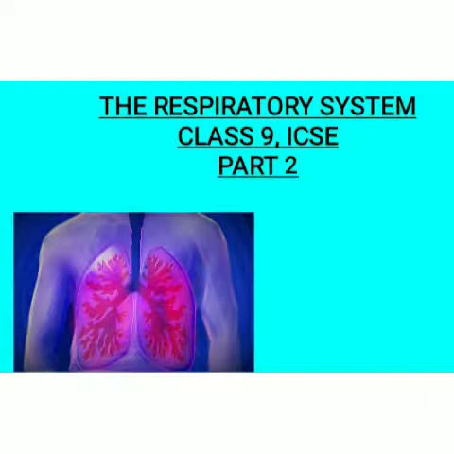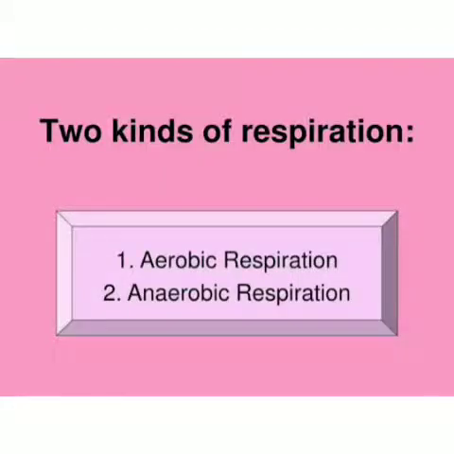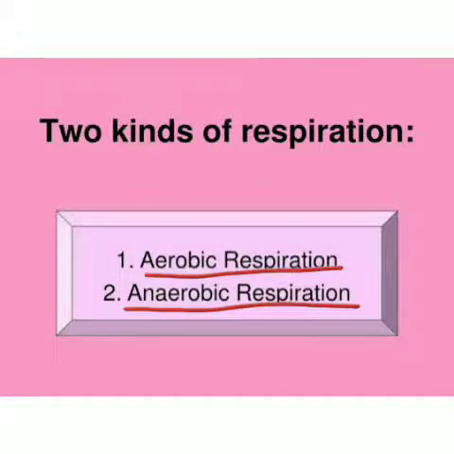Good morning, students. So this is your second video on respiratory system, class 9 biology. So today we are going to start from two kinds of respiration. They are aerobic respiration and anaerobic respiration.